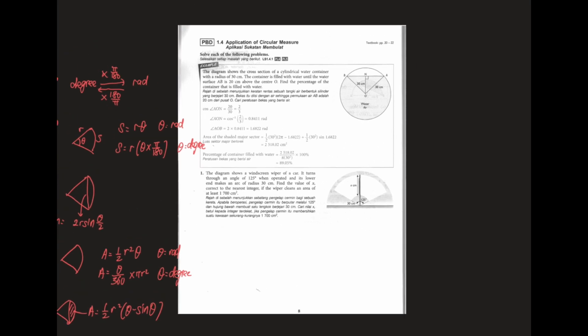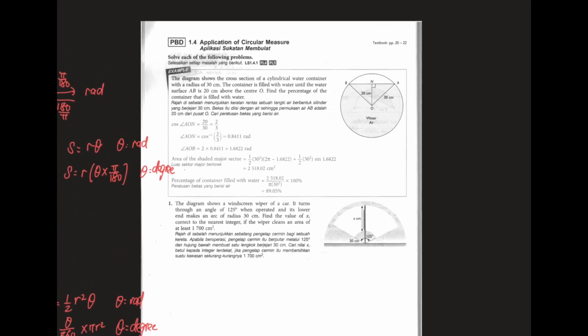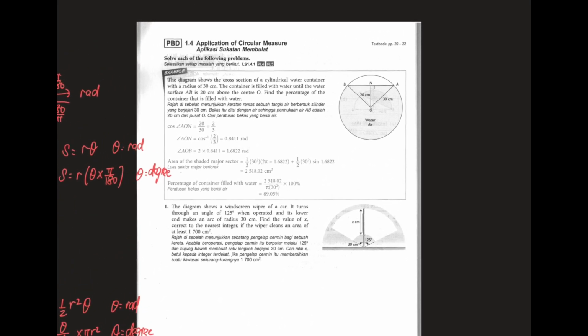So of course when we do questions like this, sometimes we need to use critical thinking. Okay, let's see. The diagram shows the cross section of a cylindrical water container with a radius of 30 cm. So as you can see, OA is the radius, 30 cm.